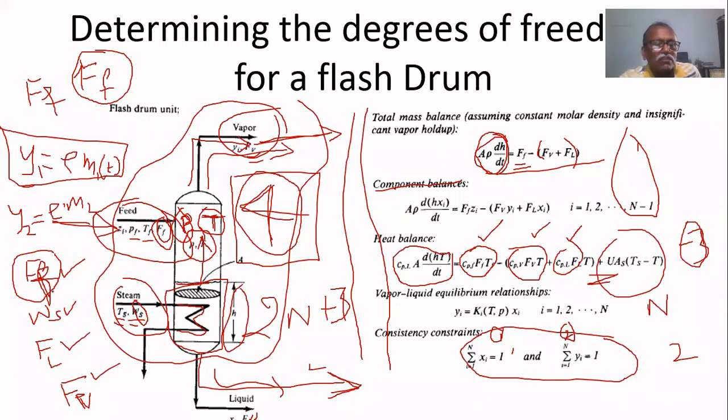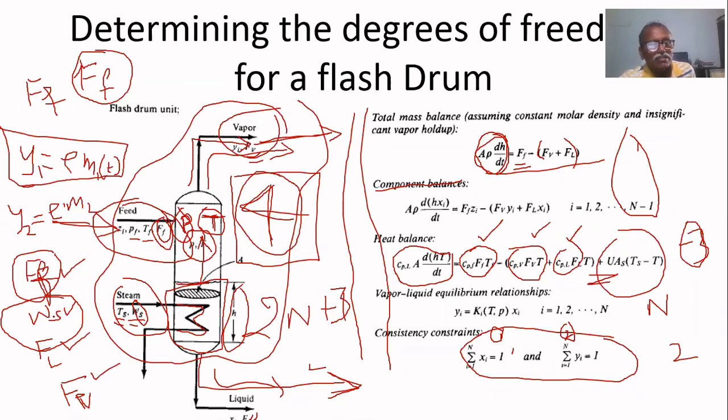Similarly, for WS, the steam mass flow rate, for example, if I increase this steam mass flow rate, what will happen? Definitely temperature will increase. Not only that, because of the temperature increase there is more vapor, so pressure also will increase.